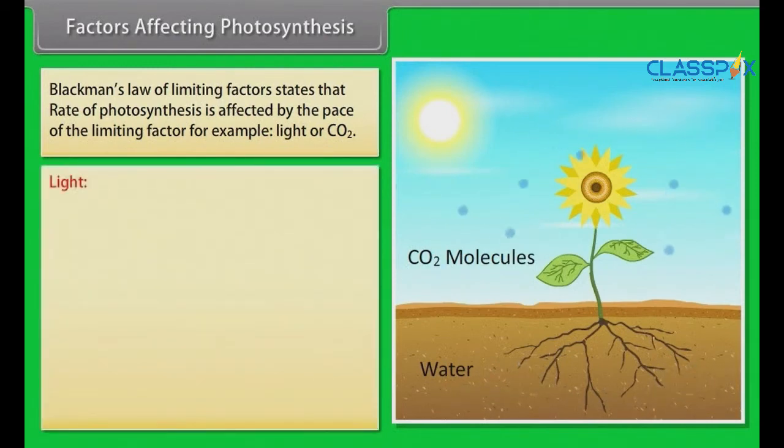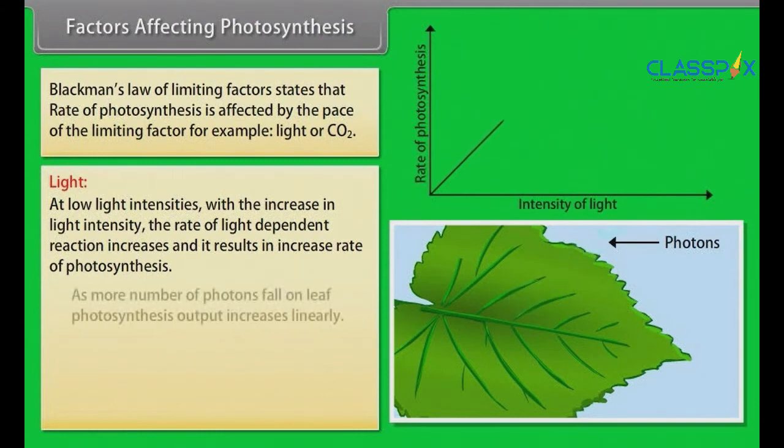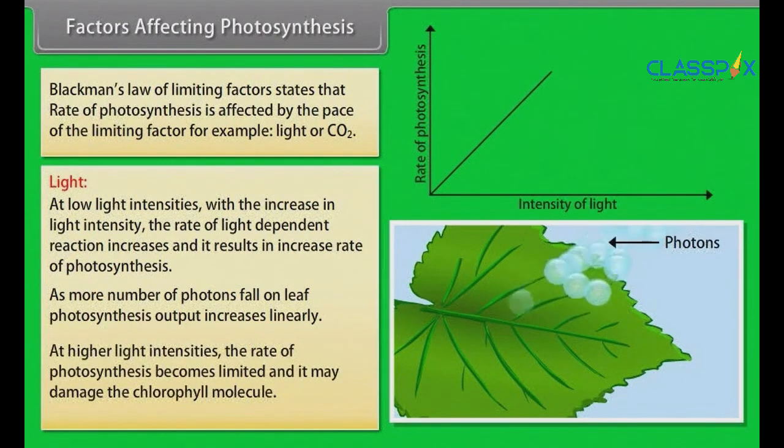At low light intensities, with the increase in light intensity, the rate of light-dependent reaction increases and it results in an increased rate of photosynthesis. As more photons fall on the leaf, photosynthesis output increases linearly. At higher light intensities, the rate of photosynthesis becomes limited and it may damage the chlorophyll molecule.